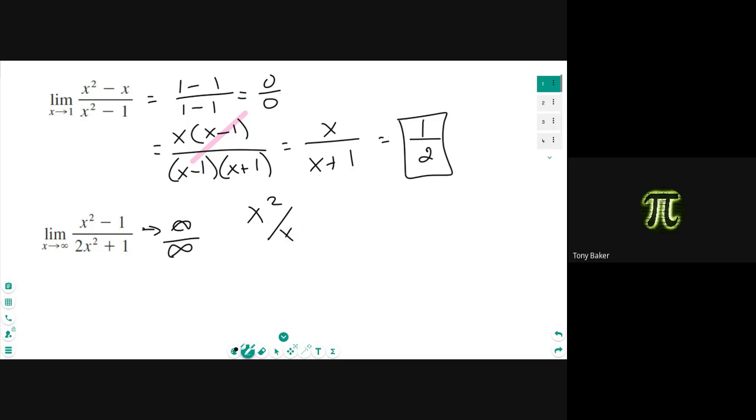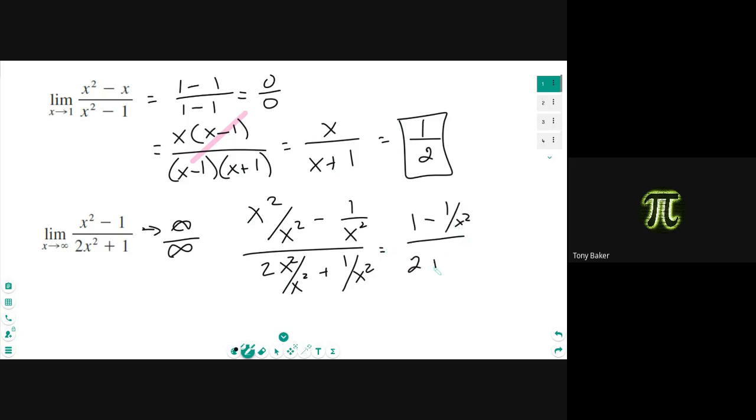So in this case, I'm dividing by x squared. So now I have 1 minus 1 over x squared and 2 plus 1 over x squared. And as 1 over infinity, it goes to 0. So I'm left with just 1/2.